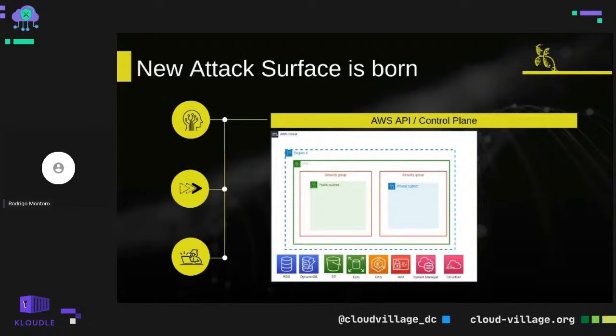You could access information, change the infrastructure, open stuff, start some crypto mining. You have control, especially because of over-permissive policies. We are not going to talk about that, that's another subject for another day, but it is one of the main problems in the cloud.